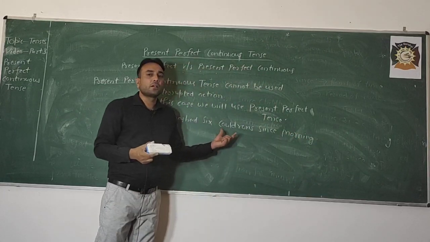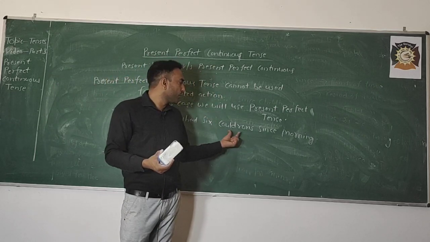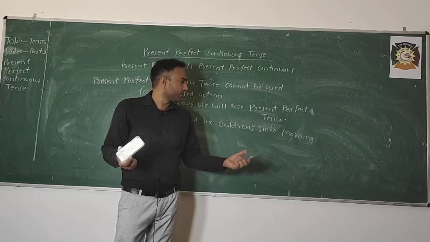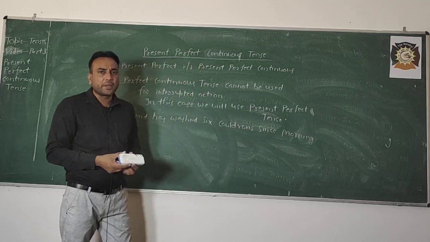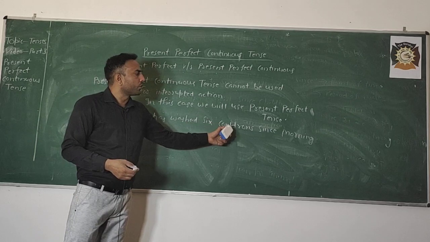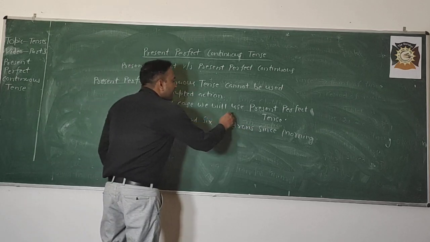Cauldrons here means a large pot in which we used to cook food. In Hindi we can say this is a type of patila, a utensil in which we cook our meal. So the maid has washed 6 cauldrons since morning. Has washed since morning. This sentence is correct.